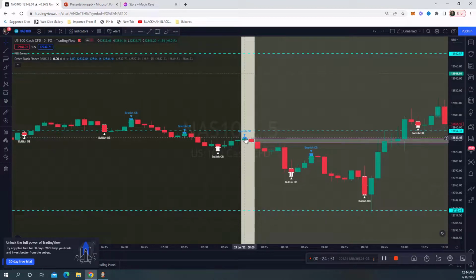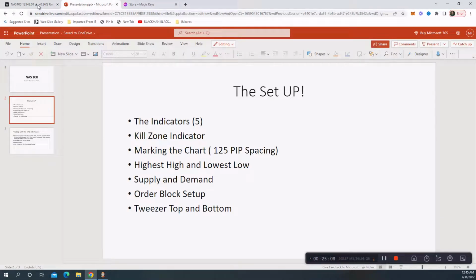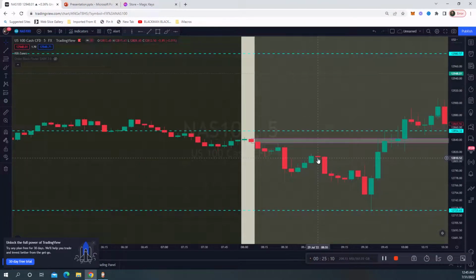When your order block forms and the candle is actually a tweezer candle, the two candles are tweezers. Like this here, for example, see how there's not that much difference in the wicks. When it's like that and it's the tweezer candles, you can actually get in based on these wicks. You can get in there.